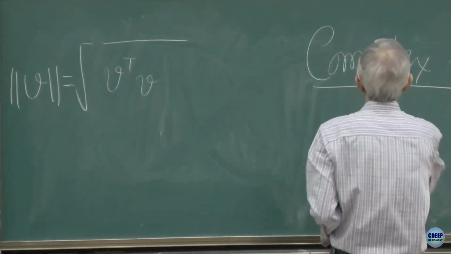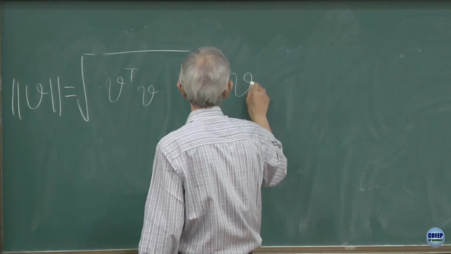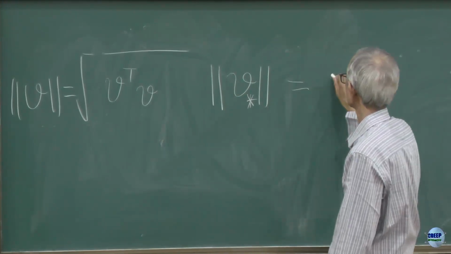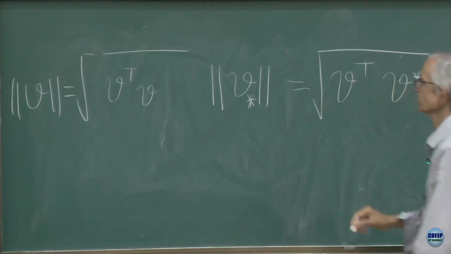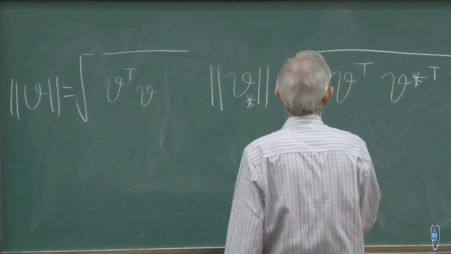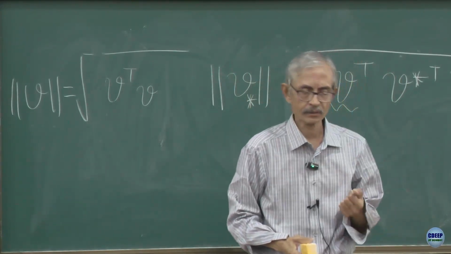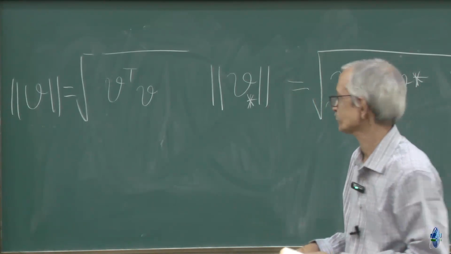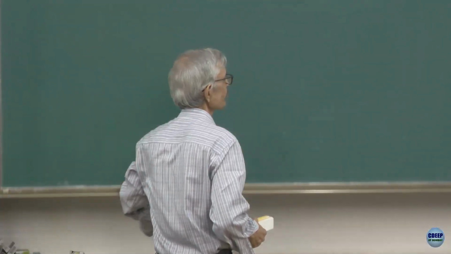Now, if I have a complex vector, then the definition is the square root of V transpose times the complex conjugate of that particular vector V. This is just once again a definition which is nice to use, essentially so that we are consistent with our definitions.